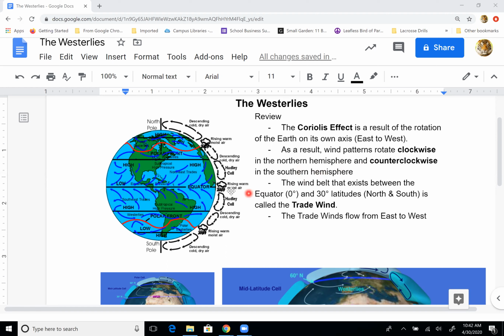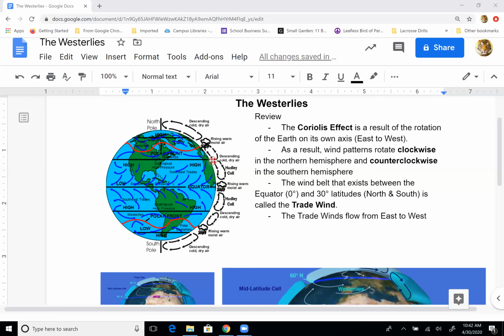We also studied the wind pattern between the equator, which is 0 degrees latitude, and 30 degrees latitude, which is called the trade wind. There are two of these, one on each side, mirrored in the northern and southern hemispheres.